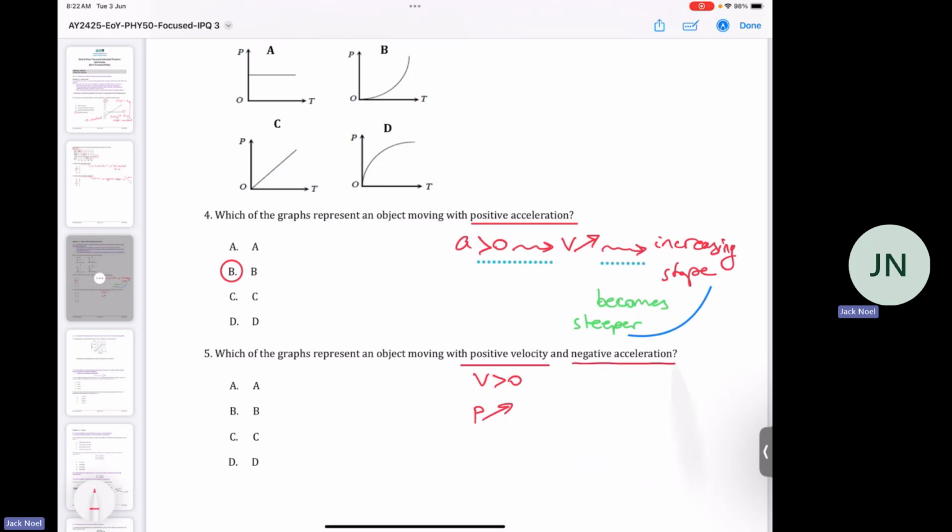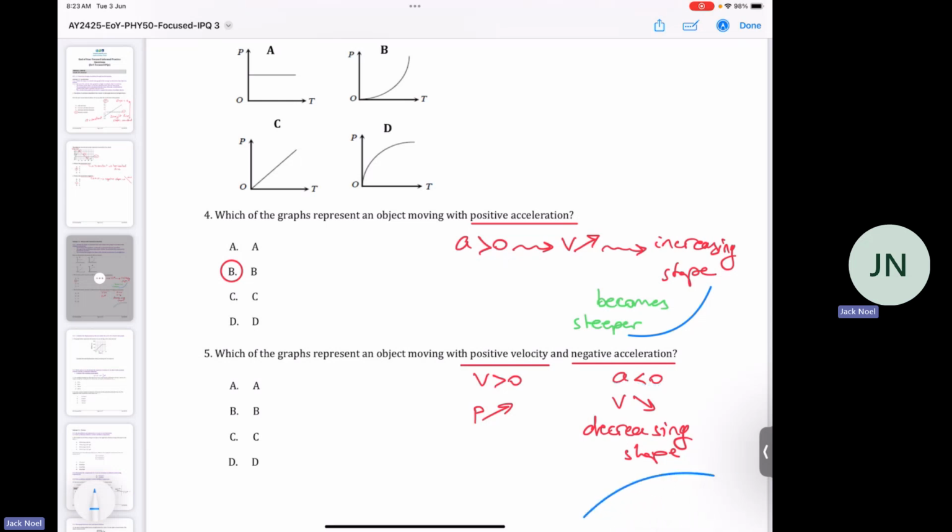Negative acceleration means that velocity, not velocity, let's say speed is decreasing. Speed decreasing means that the slope is decreasing. So, decreasing slope. I will show you how it looks. The graph becomes shallower like this.